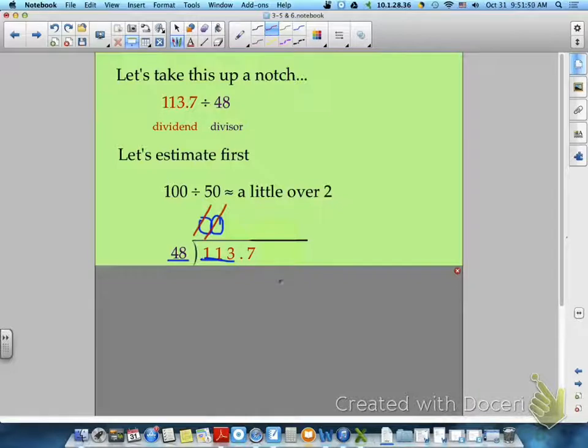So 48 goes into 113 twice. Okay, 48 goes into 113 2 times. All right, so I'm going to put a 2 up here. But aren't you supposed to put the decimal point first? You could, but I'm also going in order.